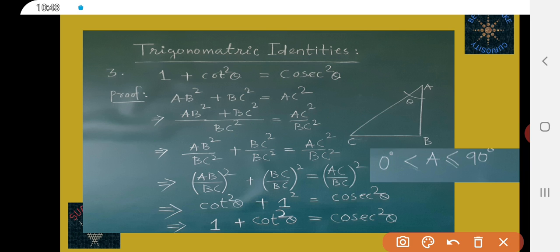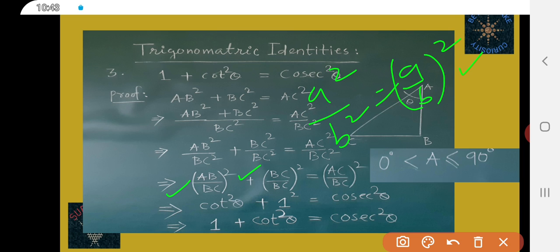Now you can write it like this: as you know, A square by B square is equal to A by B whole square. So here, AB by BC whole square plus BC by BC whole square is equal to AC by BC whole square.